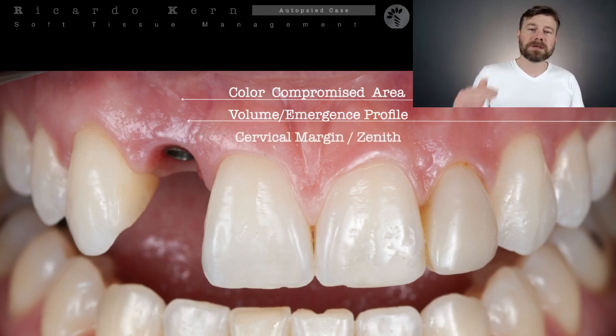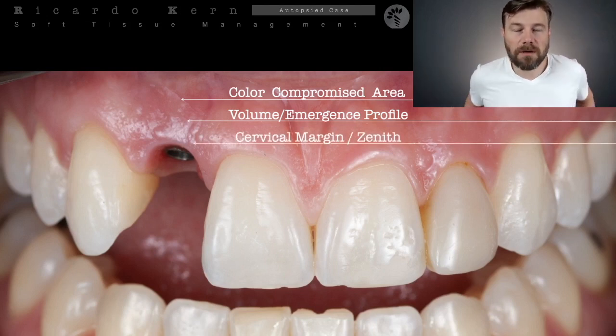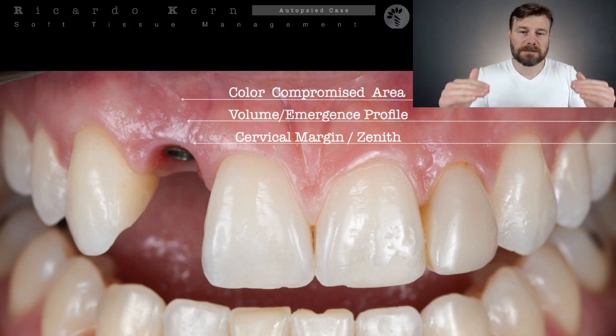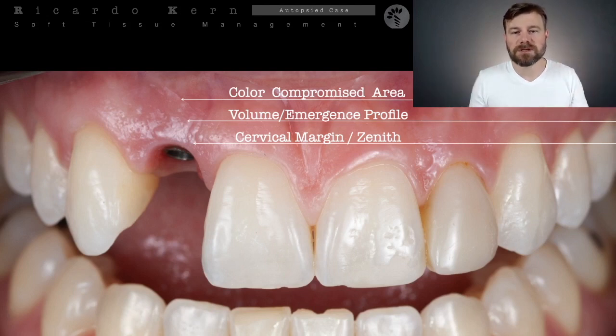Another problem is the position of the zenithal area, or the cervical margin of the gingival contour, according to the symmetry with the opposite natural tooth. So if I have some recession, some receding of this position, how do we correct that?